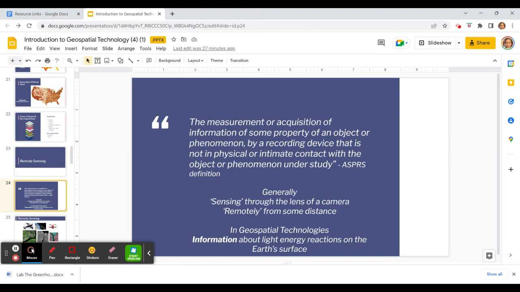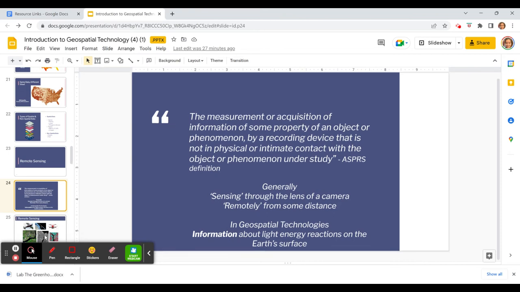So we sense through the lens of a camera or some other device something that is remote from us or not near us. So remote sensing is being able to sense or interact with something that is not in our vicinity, something we don't interact with.